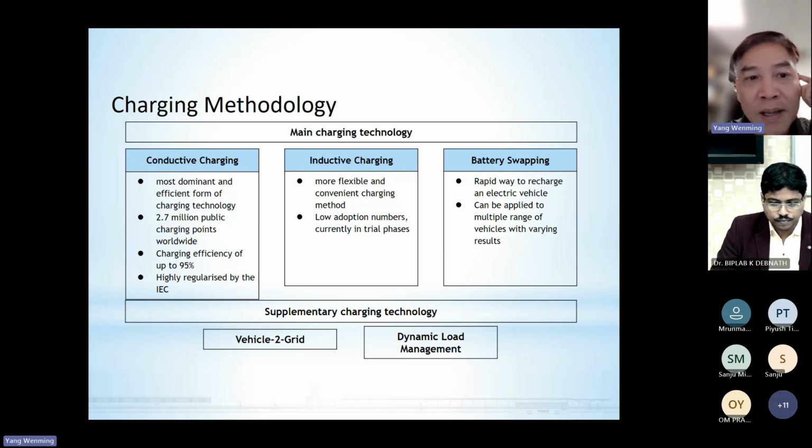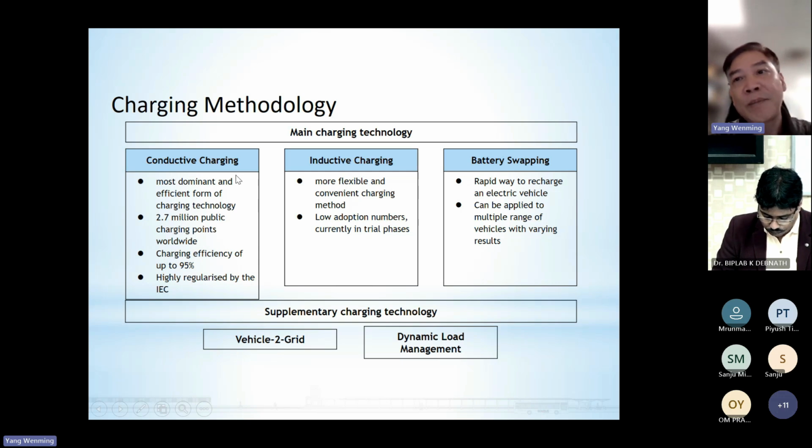After 2 years, the total number of charging points has increased to more than 10 million. This is the data for 2021. This research was conducted by my previous students in 2021. I didn't update it.